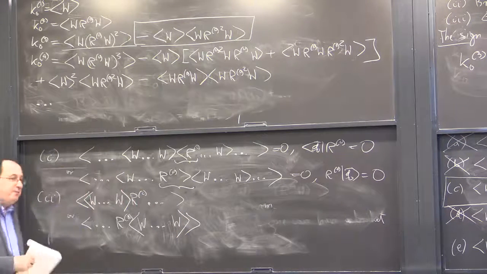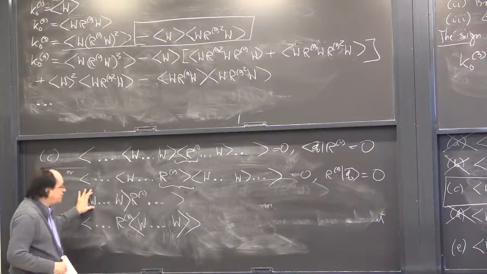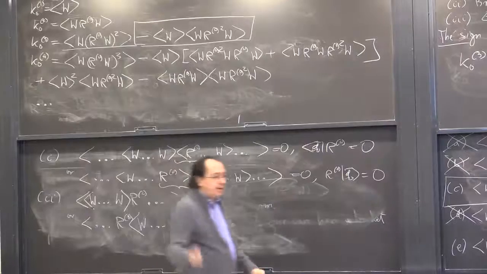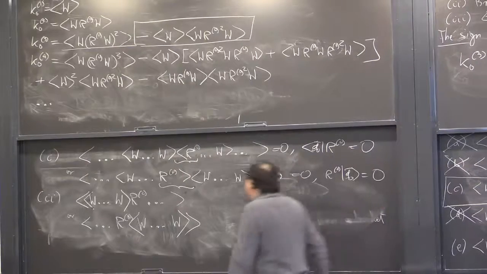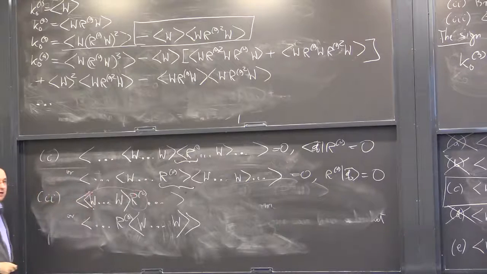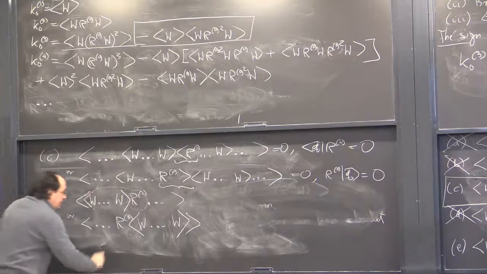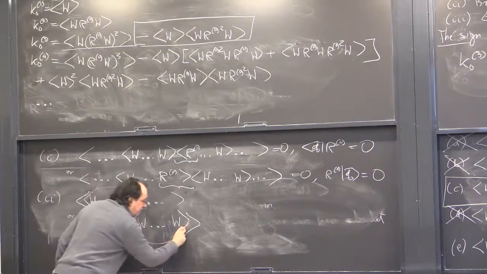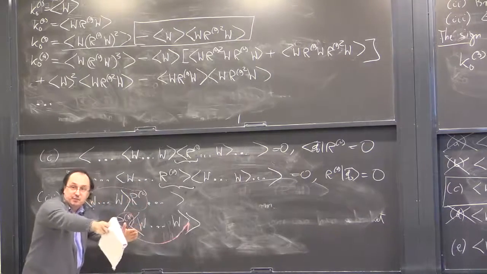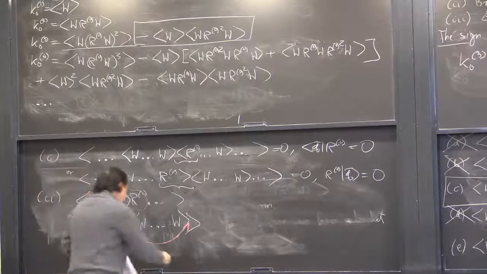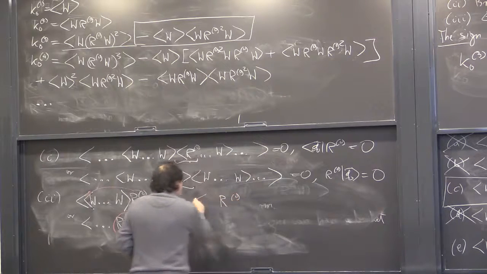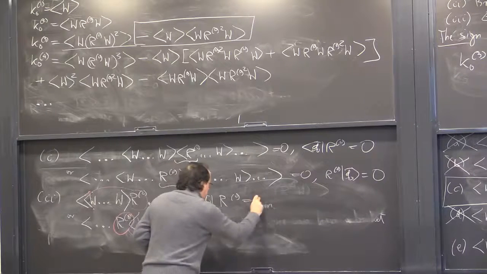Why? Because if you try to bracket the leftmost or the rightmost W, your resolvent will suddenly be forced to act directly on phi 0. You see here? It will go right here. And in this case, the resolvent will go right here. Because this part is a number, you take it out. Because you take those numbers out, you again have a situation where the resolvent acting on phi 0 gives you 0.